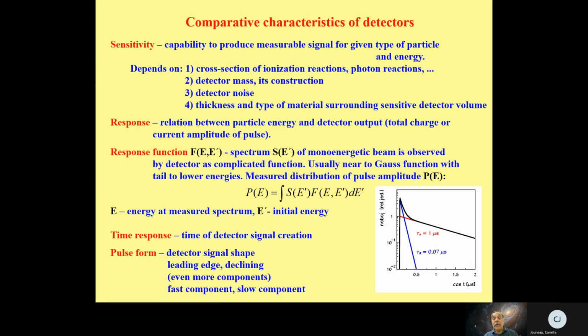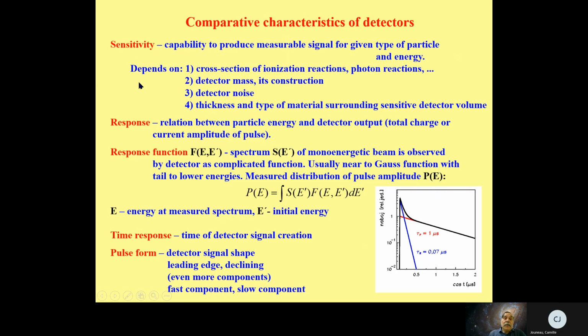For example, we have detectors which are very sensitive to charged particles and not sensitive to neutral particles, and some which are sensitive to electrons and not to gammas, and in opposite we also have detectors which are sensitive to gammas and not to electrons.